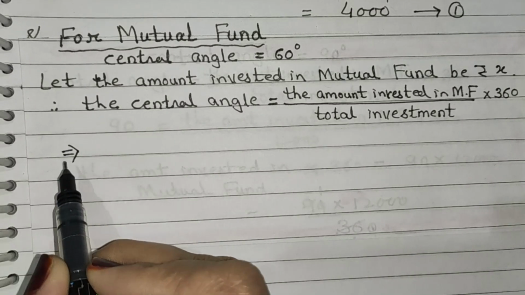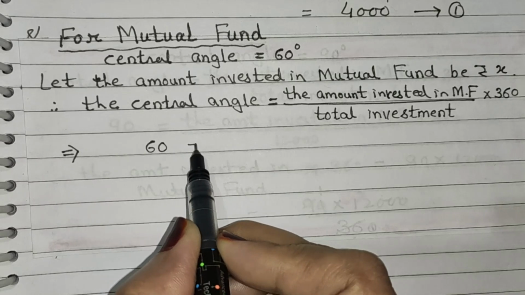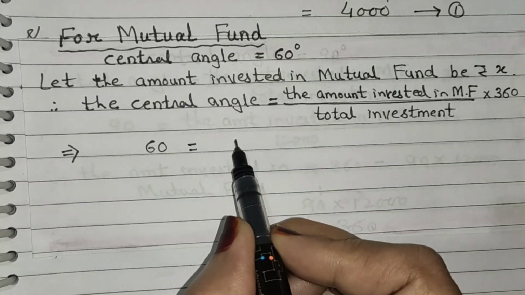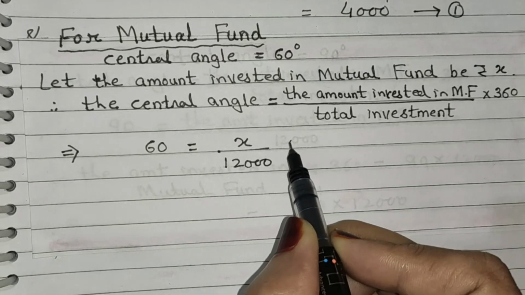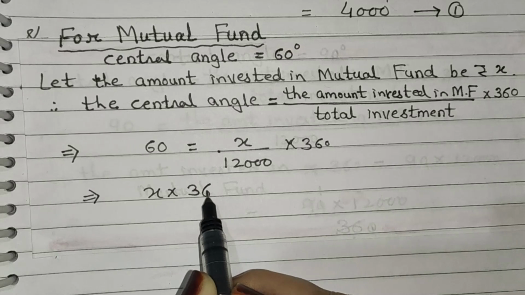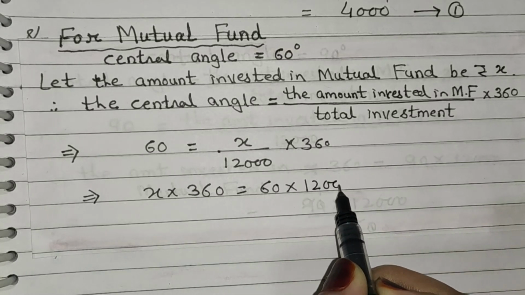Now substituting all the values, 60 is equal to X upon 12,000 multiplied by 360. Now cross multiply here, we get X into 360 is equal to 60 into 12,000.